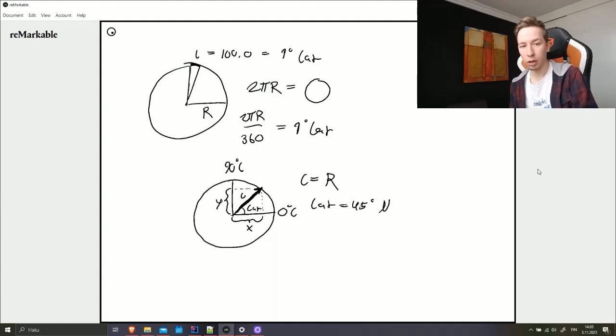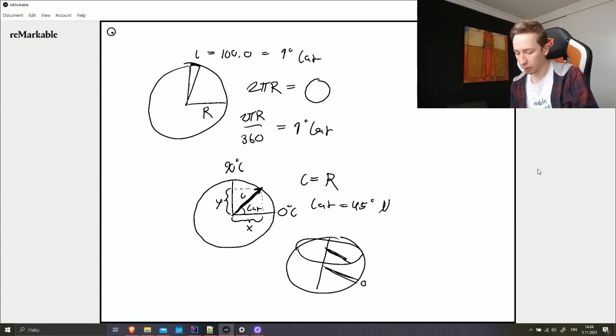So y shows how high we are on the North Pole and x shows what's the radius at this level. If we look at this from a 3D point of view, we have here our little vector. This is the 0 latitude, this is the 45 degree latitude, this is our vector.